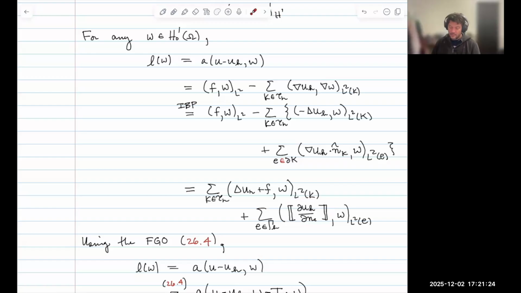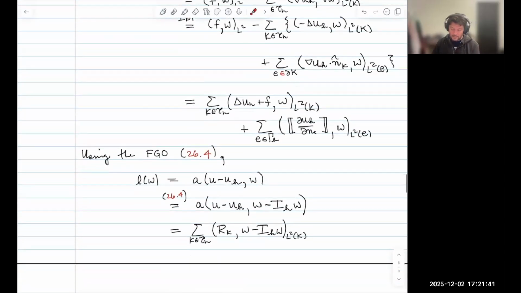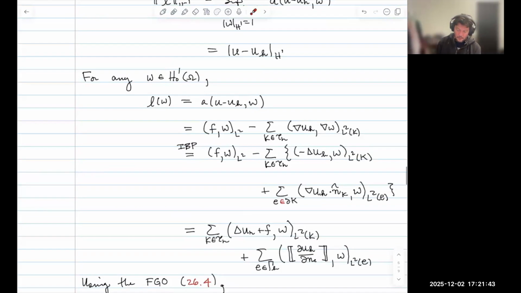Okay, so I'm going to leave that as an exercise for you to show that this term converts into this term. This term is taken over all edges in each triangle, but then this term converts the sum to all edges in the interior edge set. Okay, so that's the first part.